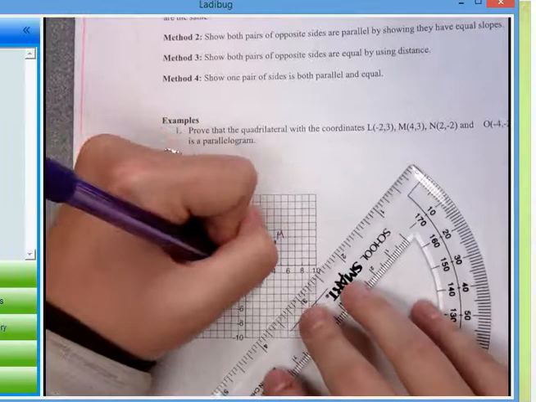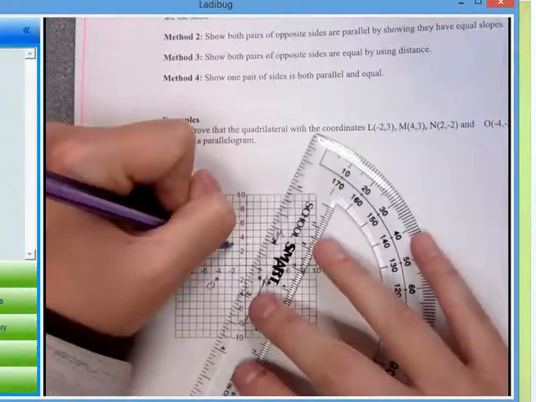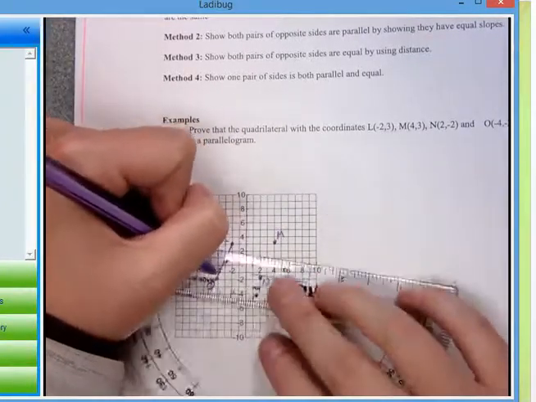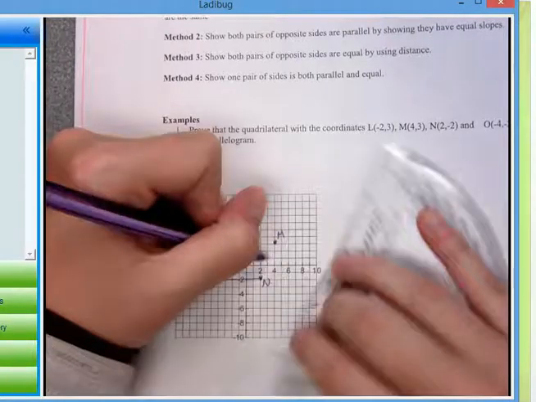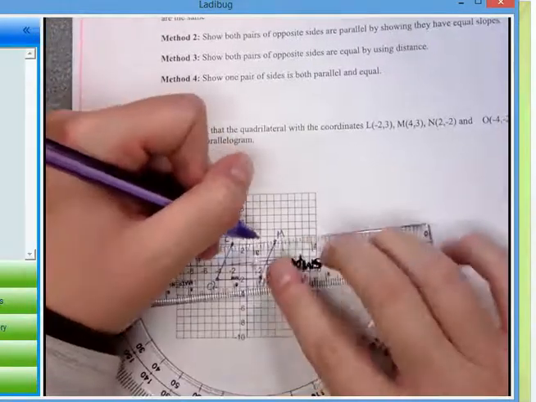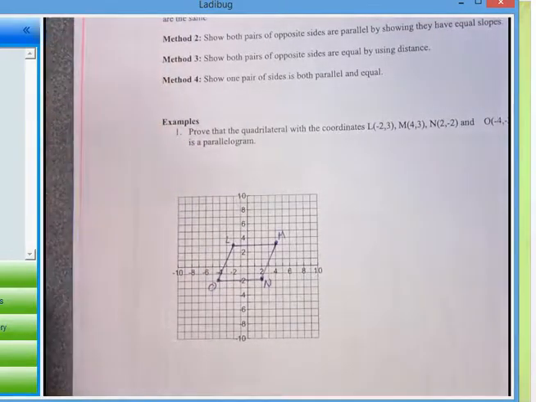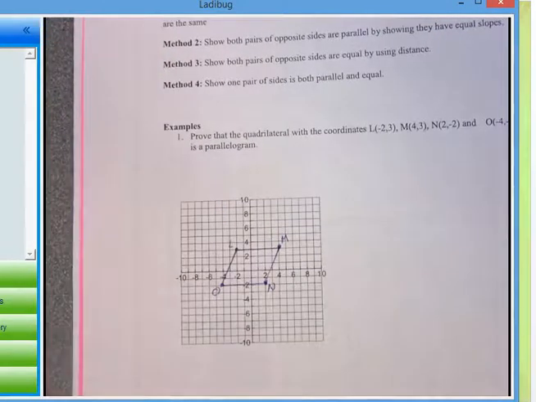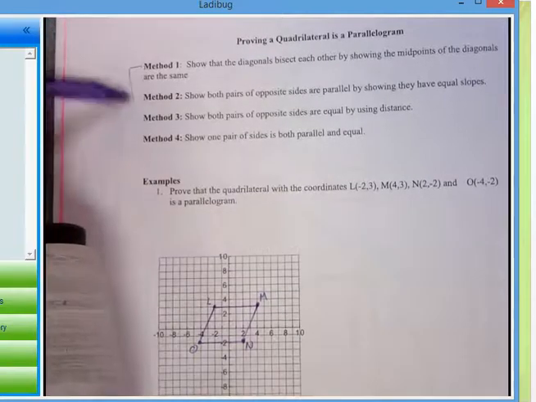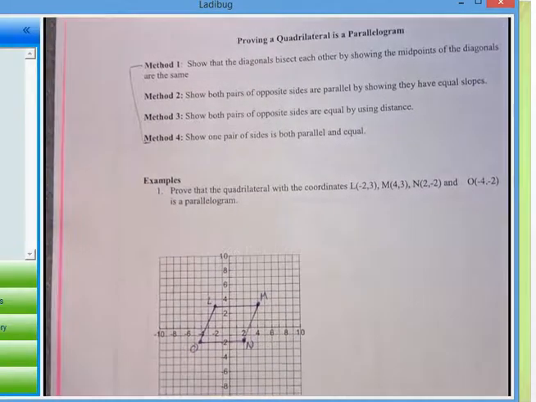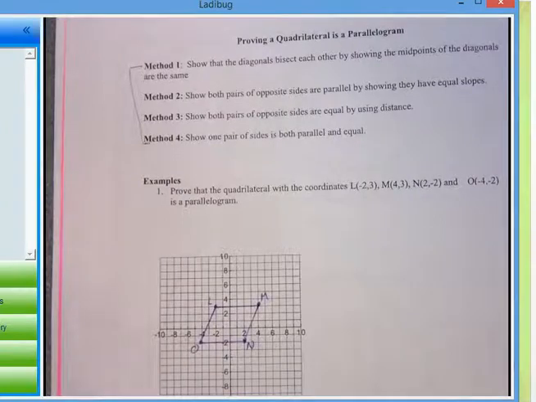And draw that. Yay. Okay. And we are going to use all of these methods to show that it is a parallelogram. It looks a lot crazier than it actually is.